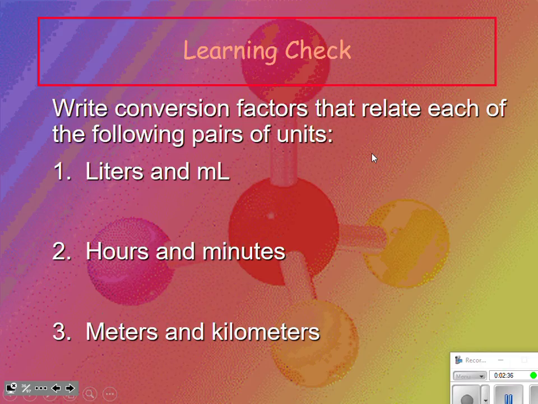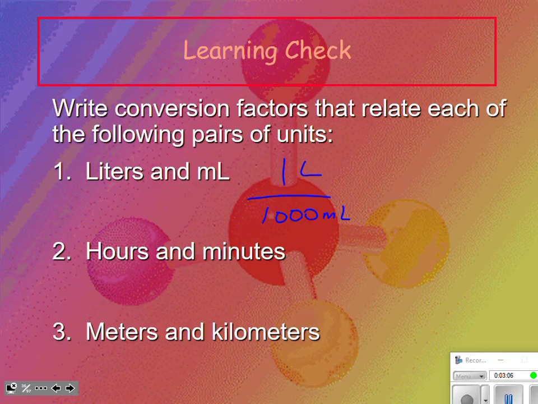How many milliliters are there in a liter? 1,000. Excellent, Parker. He's not shy. All right. 1,000. So, my conversion factor could be 1 liter over 1,000 milliliters. Or flop it.